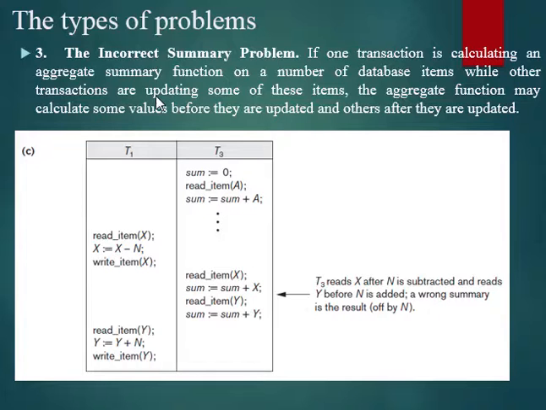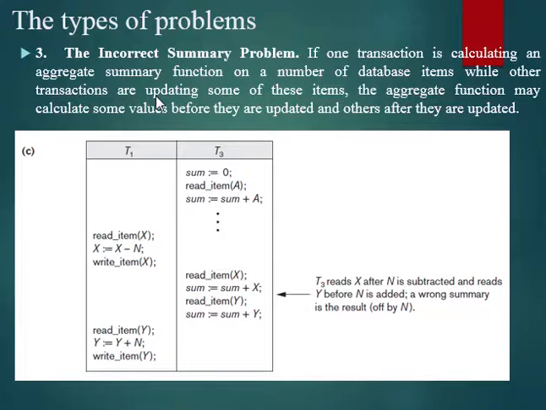So the system needs some time to compute the entire sum of those records. While it is adding all the marks of all the records, another transaction starts to update the total marks based on some criteria.